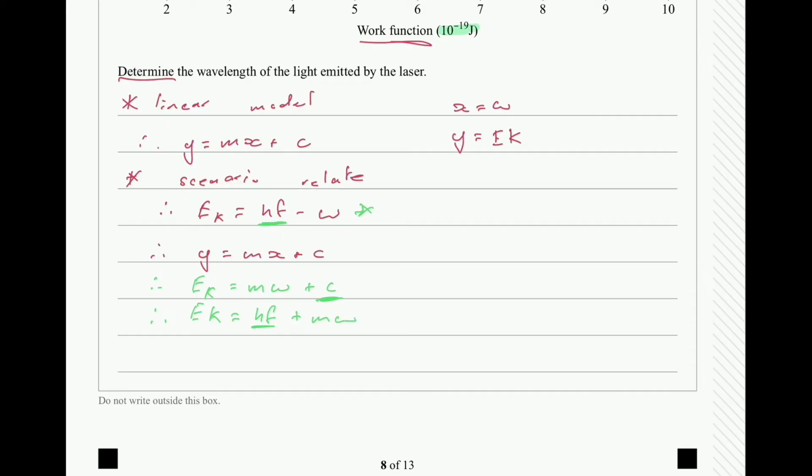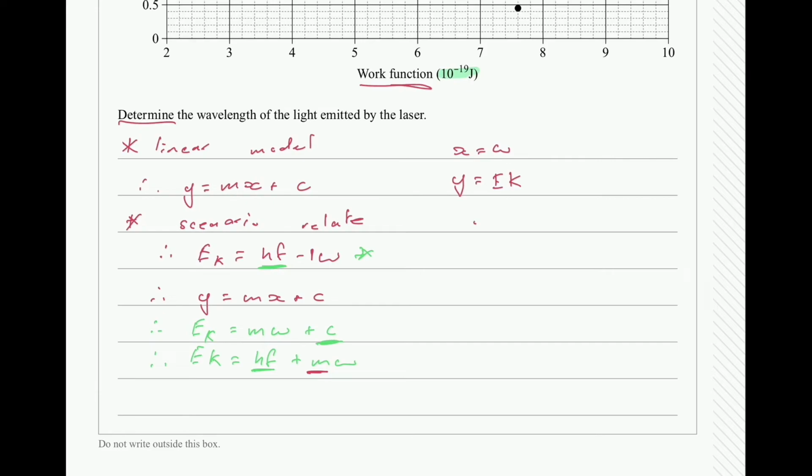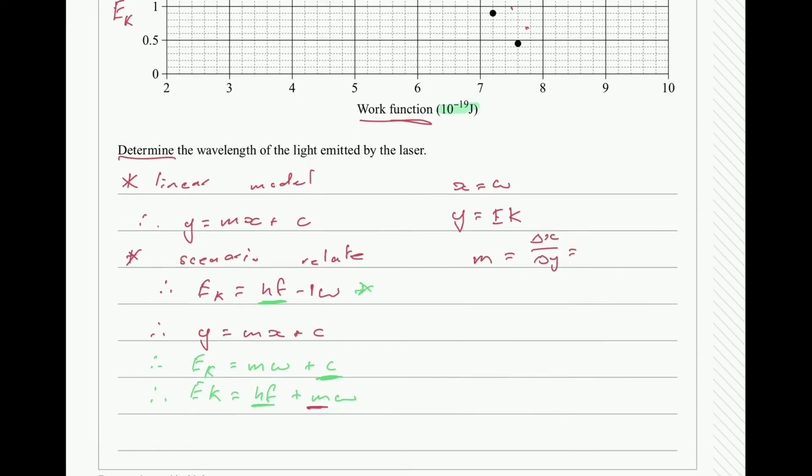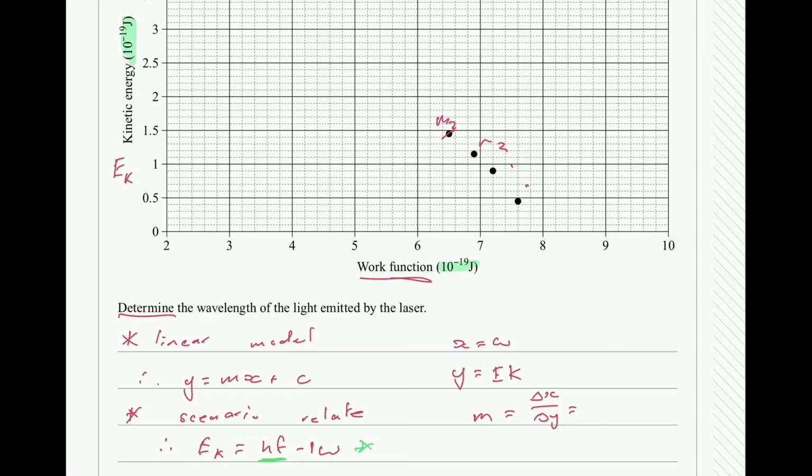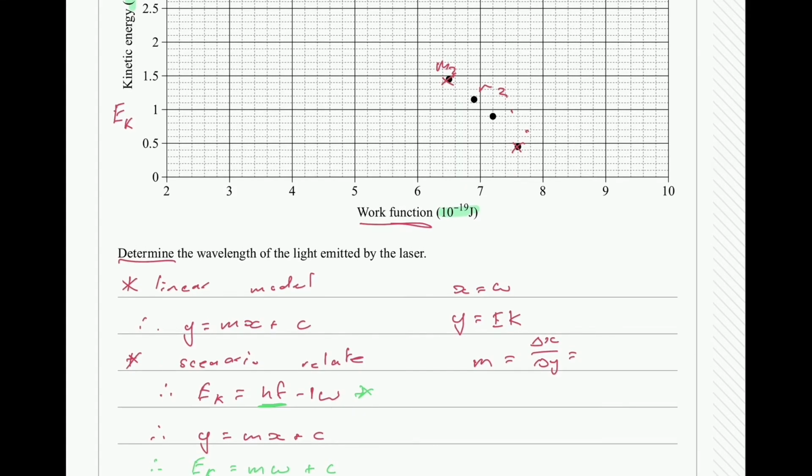So the thing that I want you to think about is, what is m here? We know we have a negative 1 m here, so let's prove what's going on in our situation, so we know we're on the right track. Our gradient m is the change in y over the change in x, and let's pick some values. I'm just going to pick here metal 2 and our metal 5 essentially. The values we end up getting from that are 0.45 minus 1.45 over 7.6 minus 6.5.